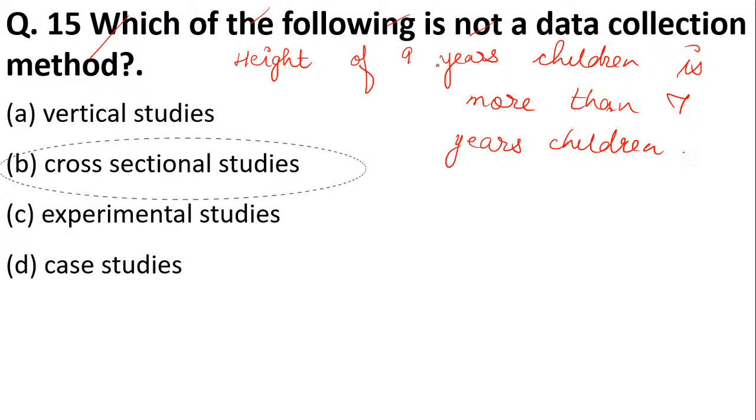So this is the question, okay? The height of 9 years children is more than the height of 7 years children. So through which will you be able to prove this? How are you going to prove this? Vertical studies, cross-sectional studies, experimental study, or case studies?